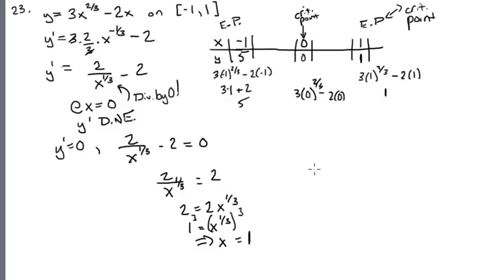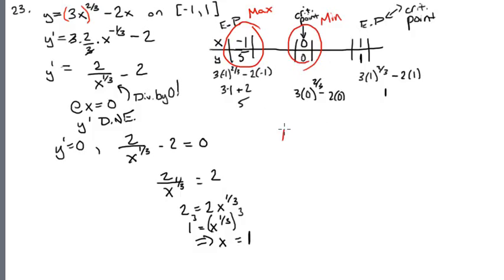So our absolute max and our absolute min can only occur at these 3 points. So this would tell me that, just looking at it, turn on this red layer again, that this point would have to be my absolute max on this interval of -1 to 1. And this point right here would have to be my absolute min on this interval from -1 to 1.